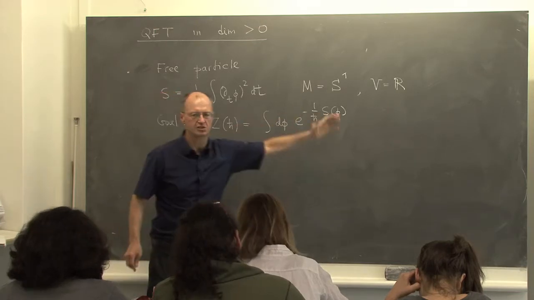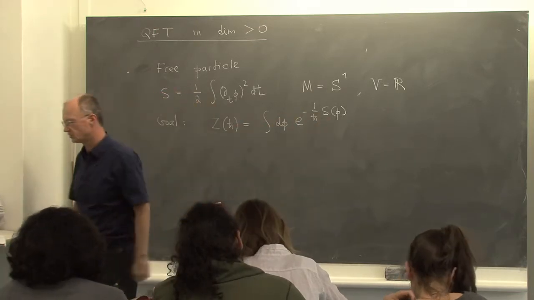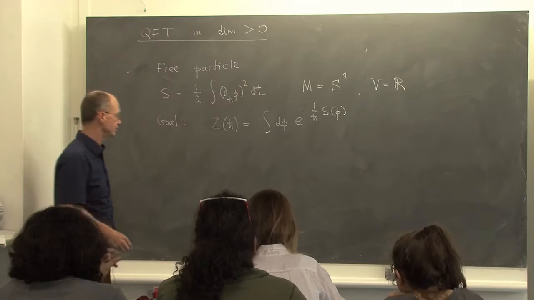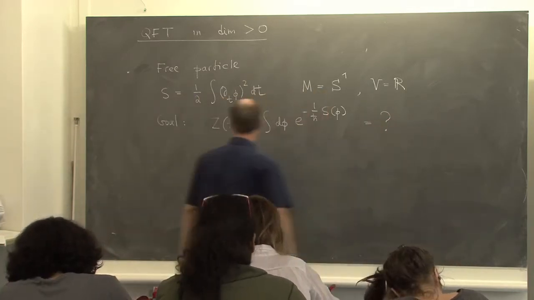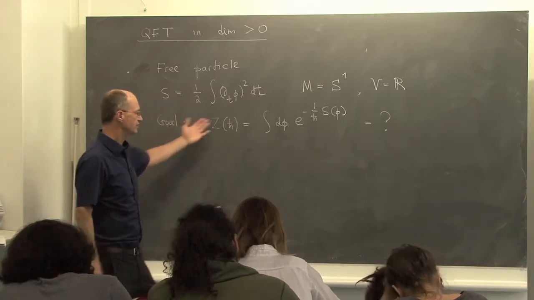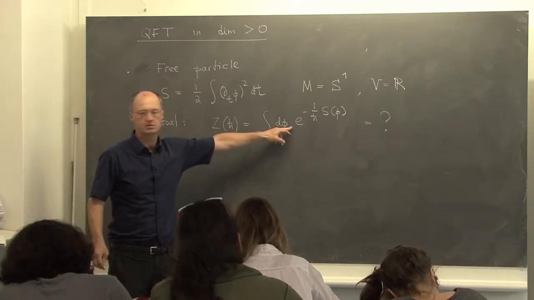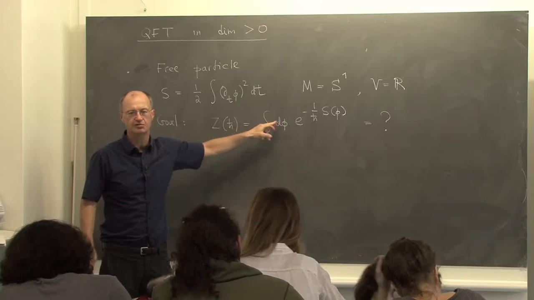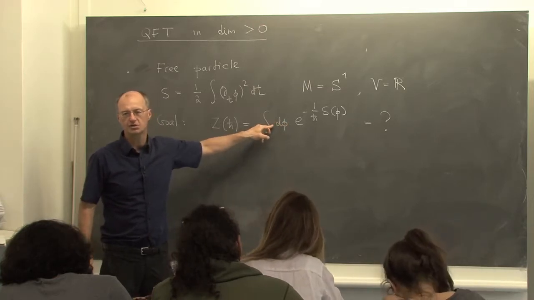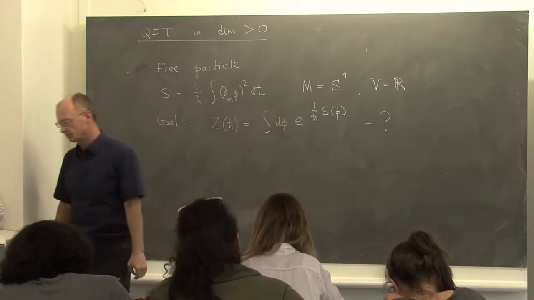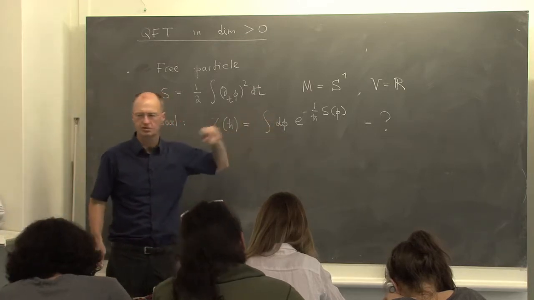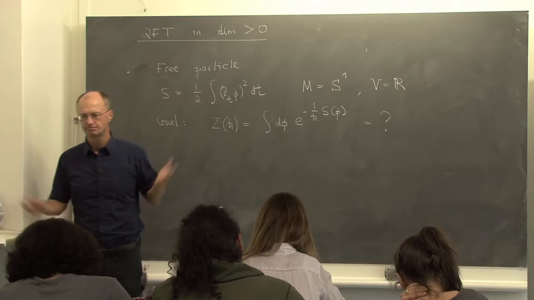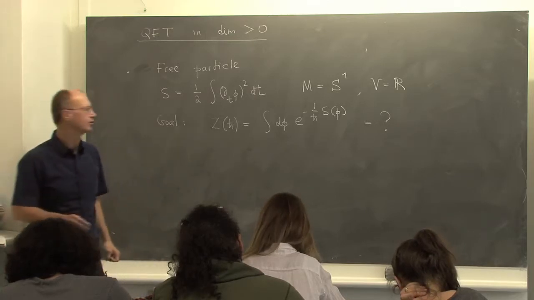So this is more like statistical mechanics, but that doesn't matter so much for our purposes. So, of course, this does not really make sense because of this d phi. It's not so clear what it is. Now, in the first example, I'll try to make some sense of it and fail. So let's see how it goes.